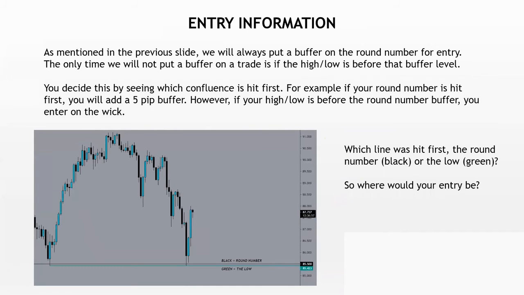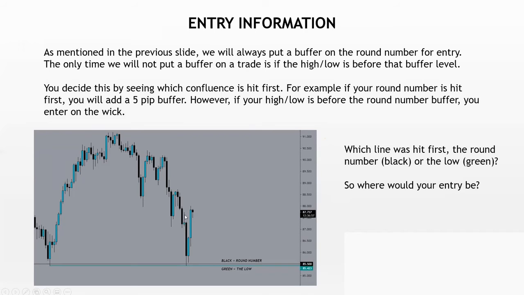So this is the entry information, and I'm hoping these two lines here are going to be the thing which changes it for you. So we will always put a buffer on the round number for entry. The only time we will not put a buffer on a trade is if the high or low is before that buffer level. So you can see which confluences hit first.